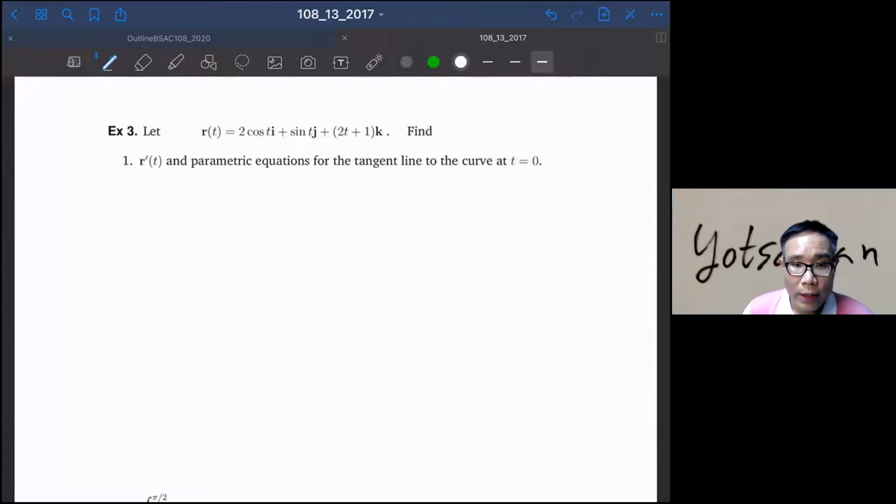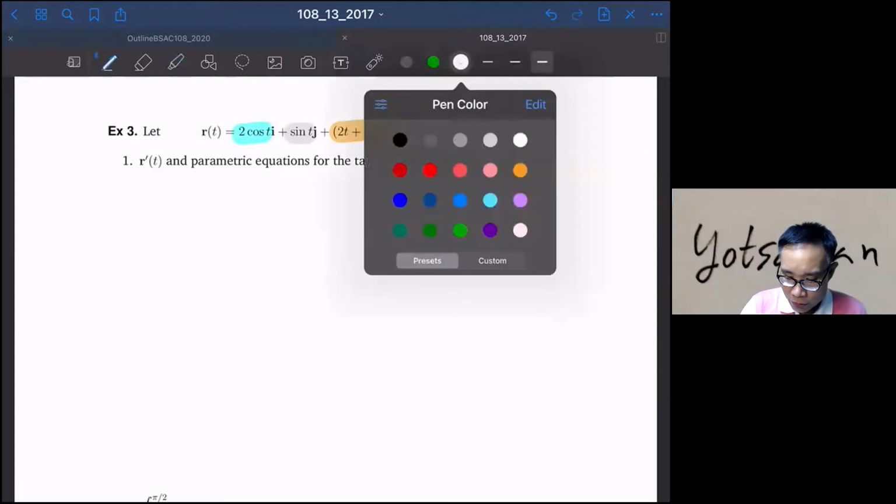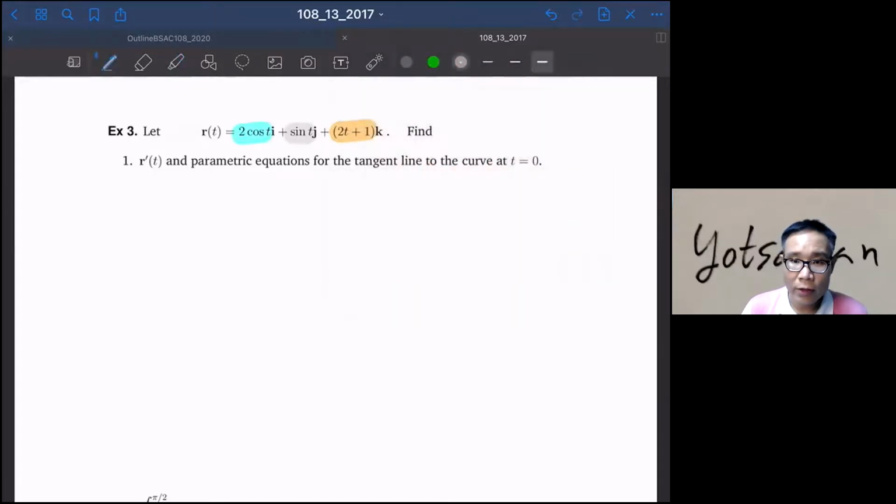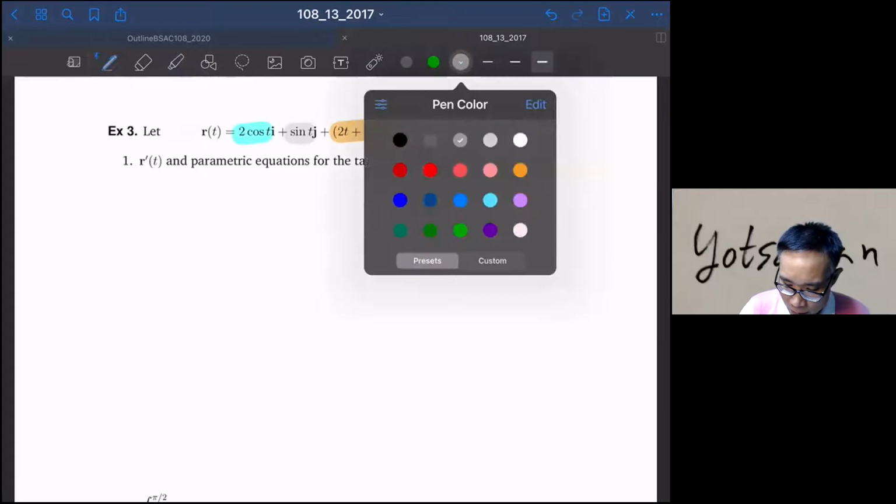So it's going to be i, j, k. You see that this one will be your first, second, and third component respectively, similar to the representation in terms of angle bracket that we had earlier.